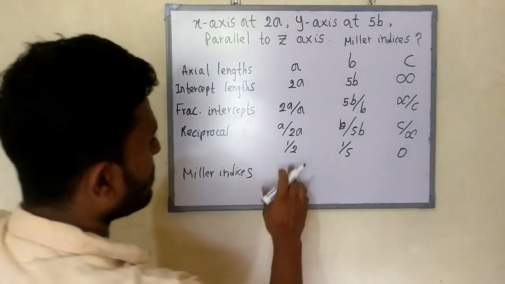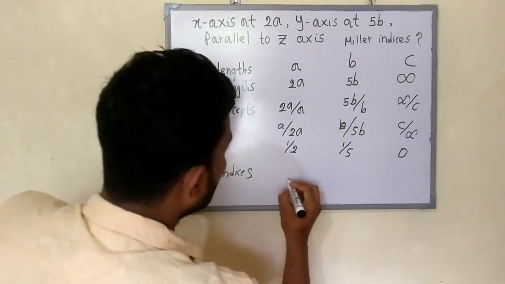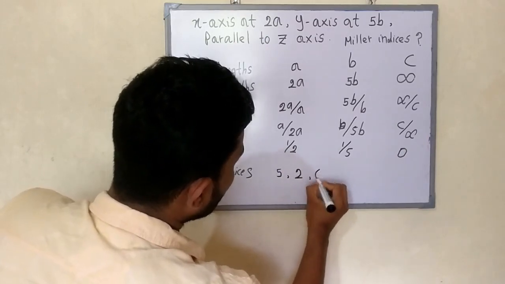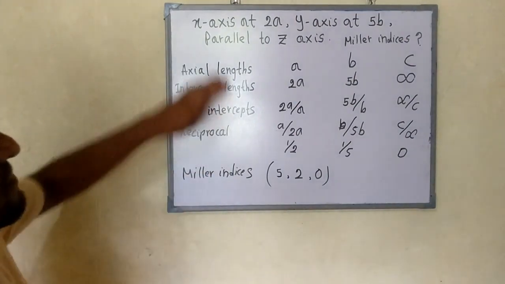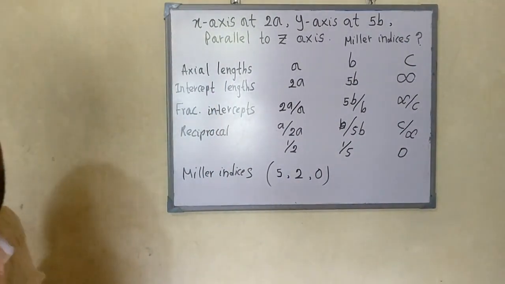From 2 and 5 you can get 10. So 10 divided by 2 is 5, and this is 2, and this is 0. So these are the Miller indices of that given plane. It is 5, 2 and 0.